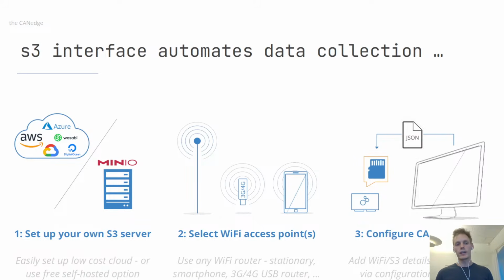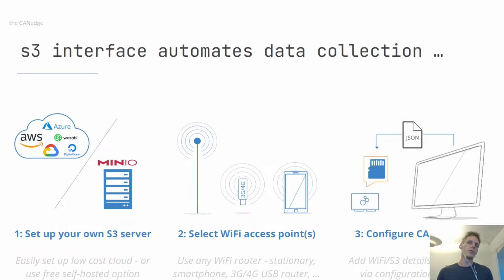We, for example, provide guides for setting up an AWS S3 bucket in less than 2 minutes through some automation. But you can also self-host your own server if you prefer a local setup, for example, in a warehouse, or if you just prefer that you own everything so that no data leaves, for example, the EU for GDPR reasons.